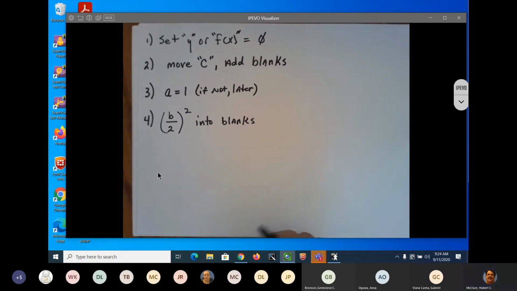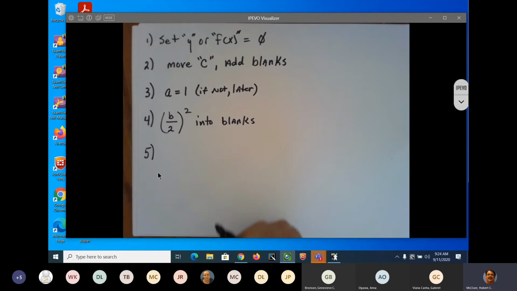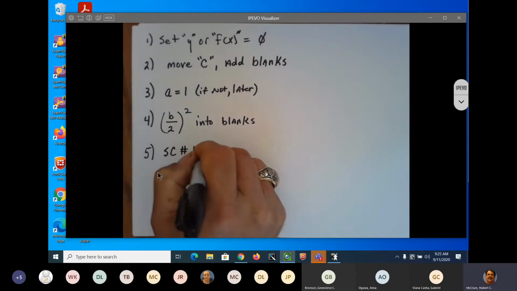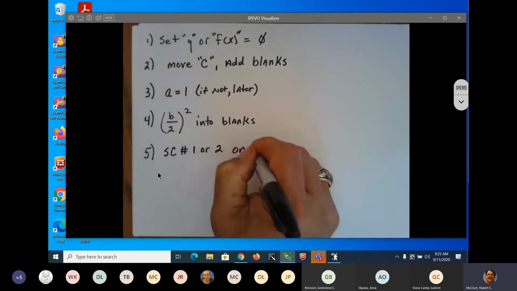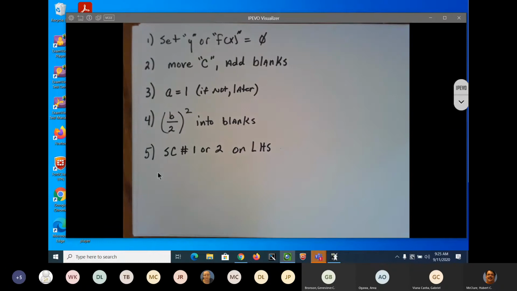Okay? Number 5, shortcut number 1 or 2 on the left-hand side. Now, at this point, you've basically done completing the square.